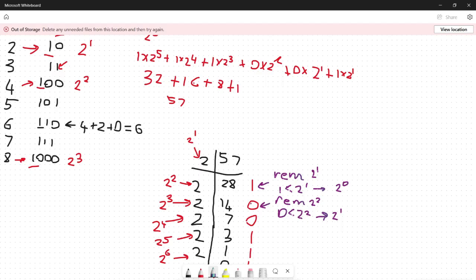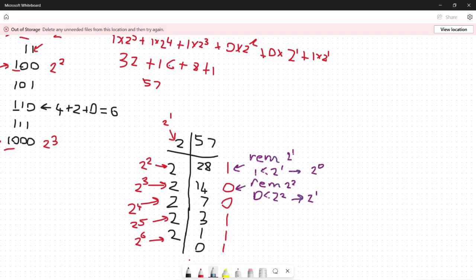Now, this is weird how it works because we took out our remainder first. So then this is a new number. Oh well.